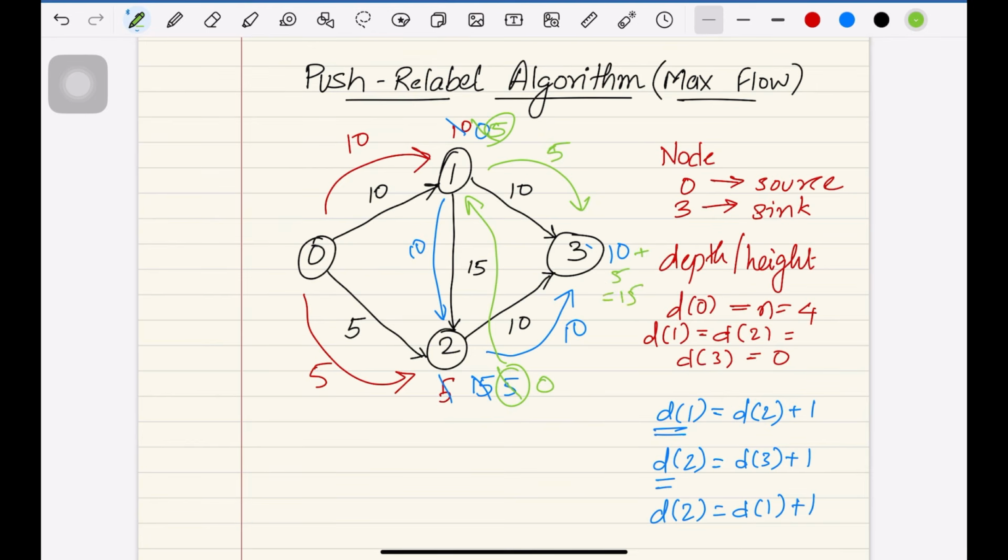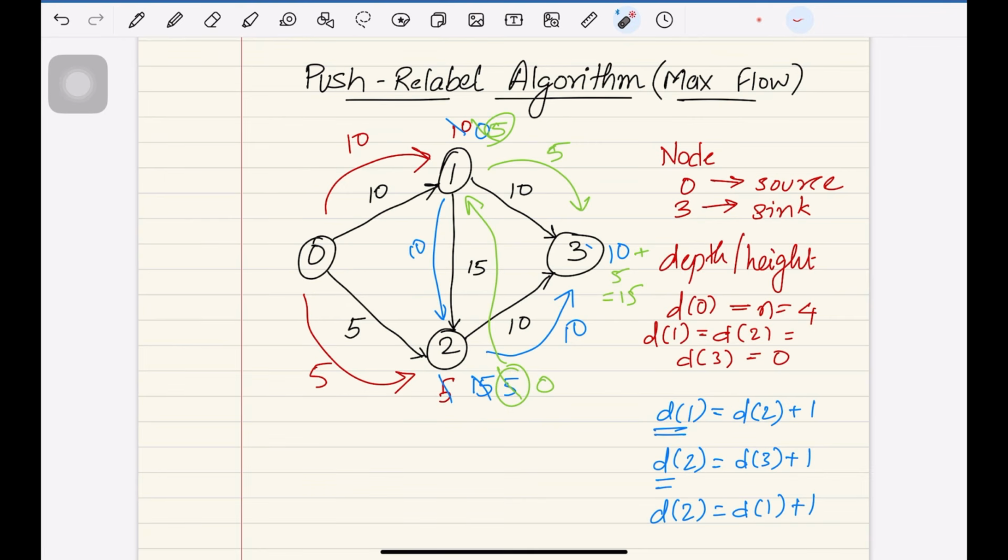So if you see in this process, what we have done is we have made sure that the flow from a source node to the sink node is maximum by using the push and relabel method, where only if the height of one node is higher than the other can we push it to the next node. If it is not, we relabel it, make sure that we are at a higher height, and then push it.